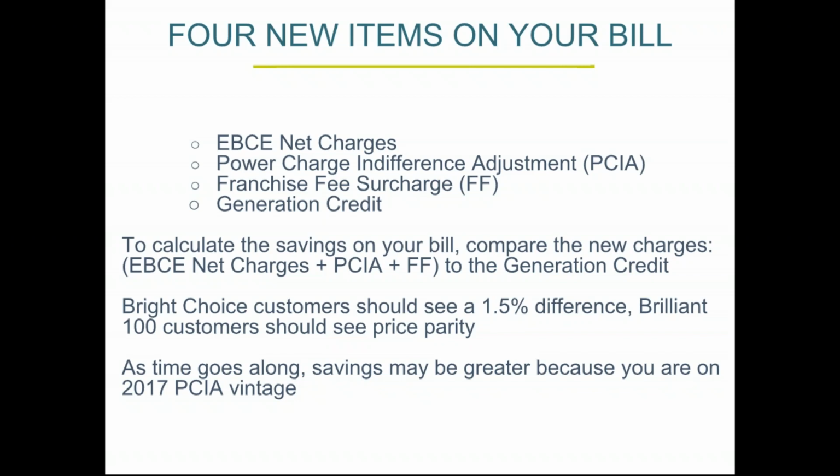And for Brilliant 100, you might start to see a little bit of savings, because when we set rates, we'll likely use the greatest PCIA vintage fee that we have for all of our customers. And so if you have a better PCIA, you'll get a better discount.